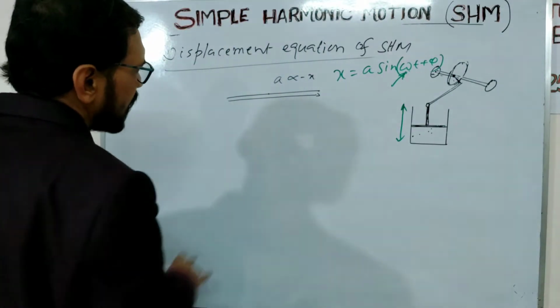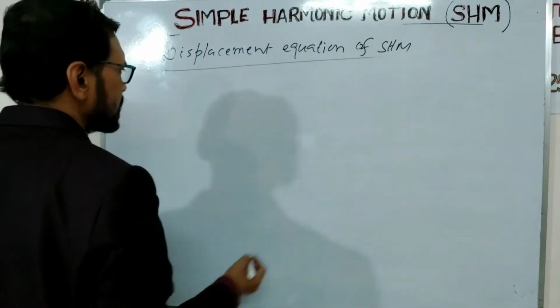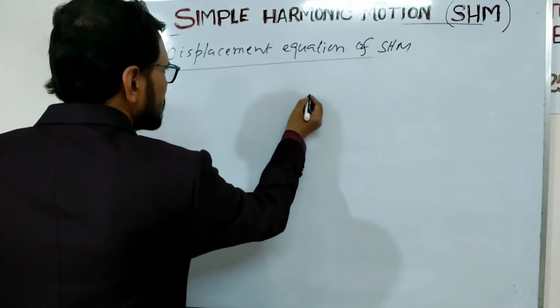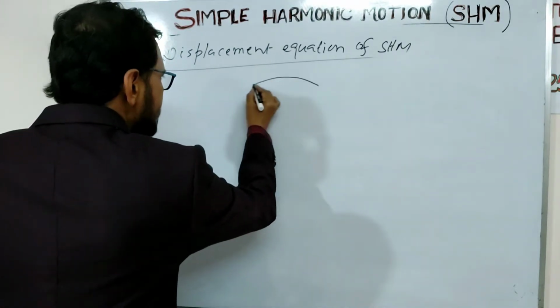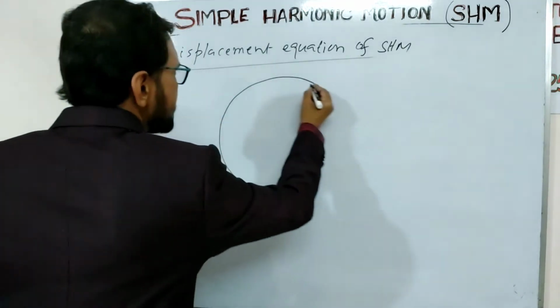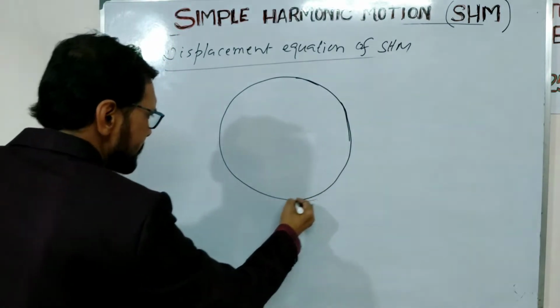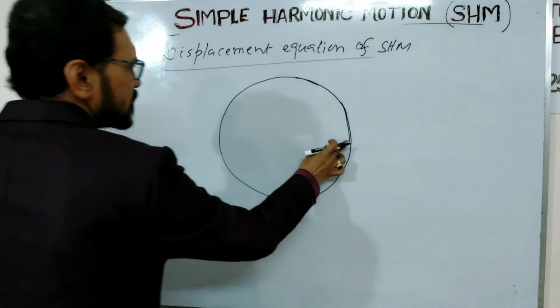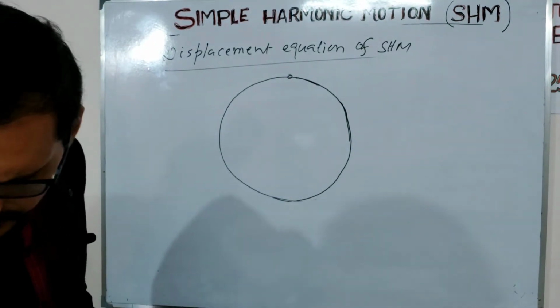So now, for the displacement equation of SHM, suppose a particle rotates in a circular path.